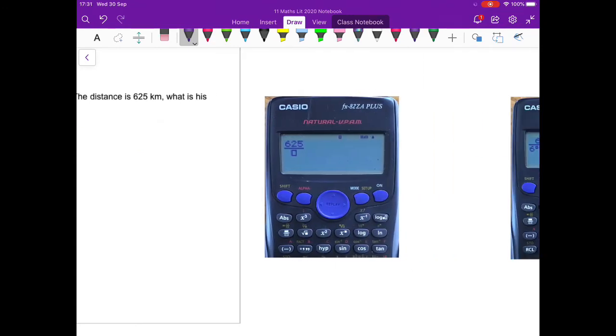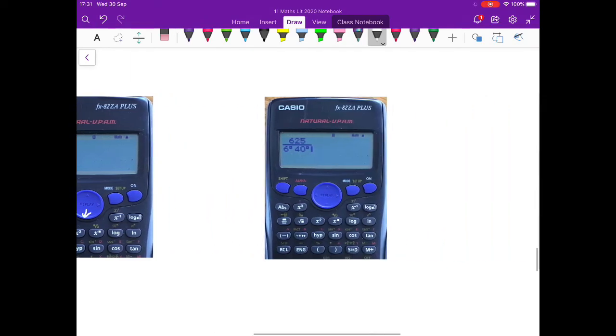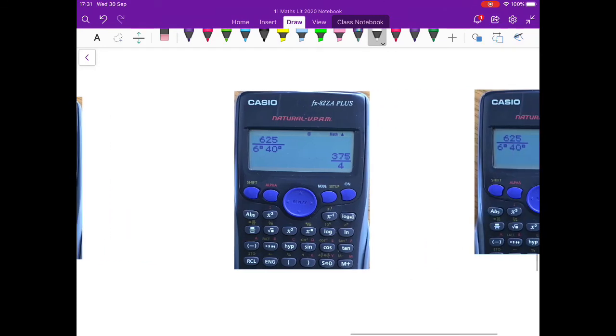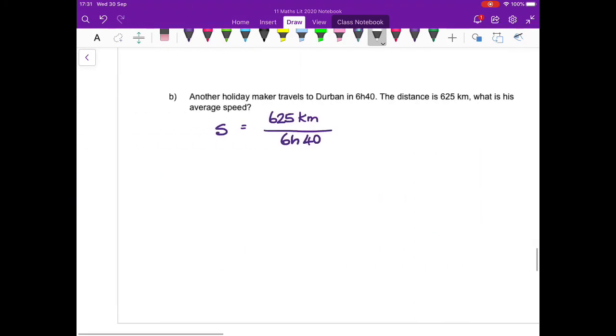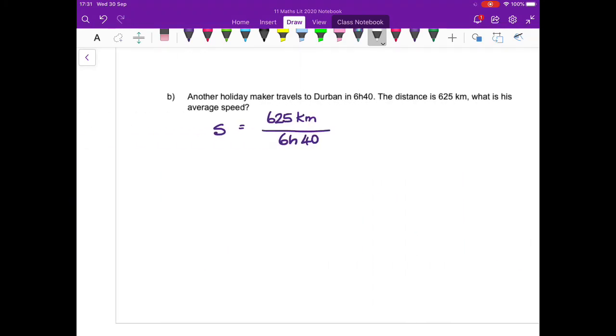You would press your fraction button, type in your 625, press the down arrow, and type in 6, time button, 40, time button, press equals, and now you get 375 over 4. Press the SD button, and you will get 93.75 kilometers per hour.